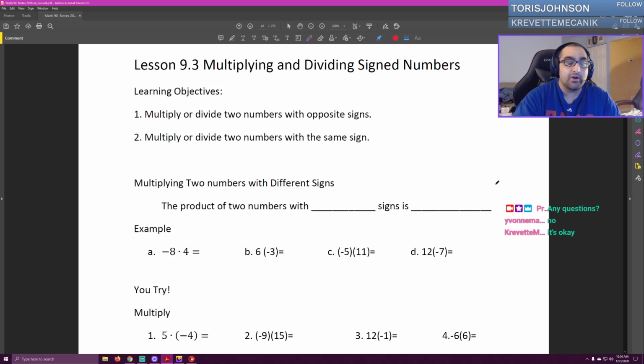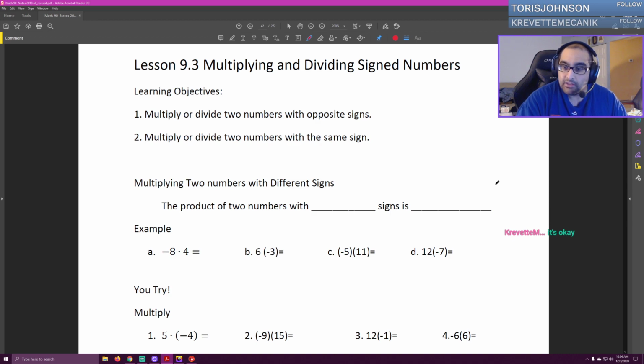We've talked about multiplication and division, but let's talk about the keys to multiplying and dividing signed numbers. Really, you're not going to do anything different than what you have done before. It's still the same multiplication and the same division as you do with your regular numbers.